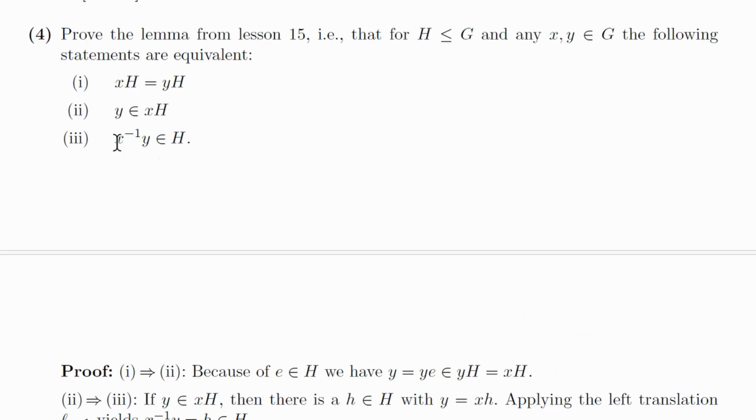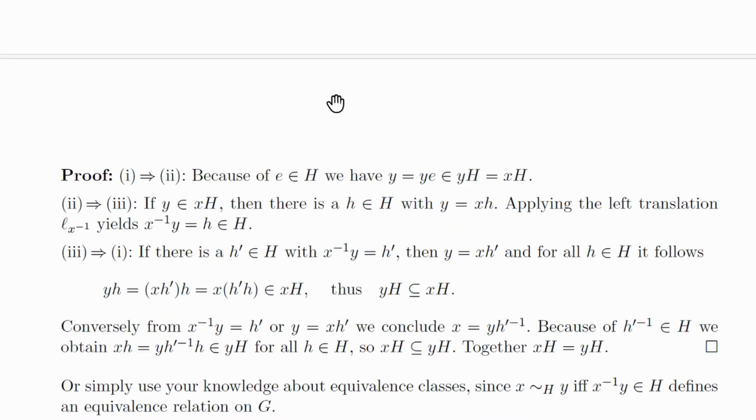So let's suppose this is true, and then we need to show that these cosets are the same. So if x inverse y lies in H, I can find an element h prime such that this here holds, and then multiplying by x from the left gives me this relation here. And then if I multiply y with any h from the right, so here, I end up with this.